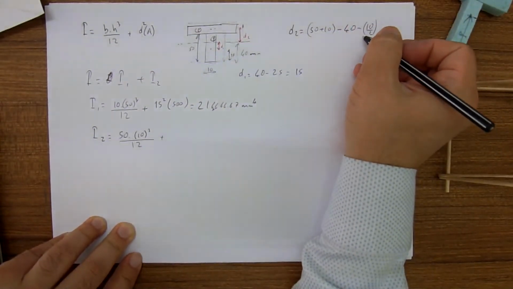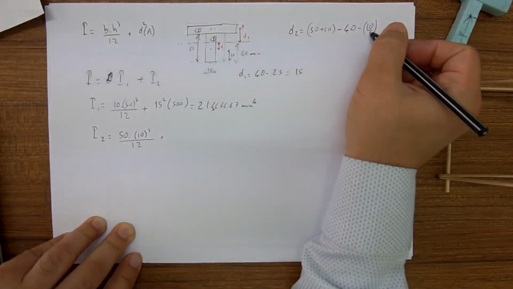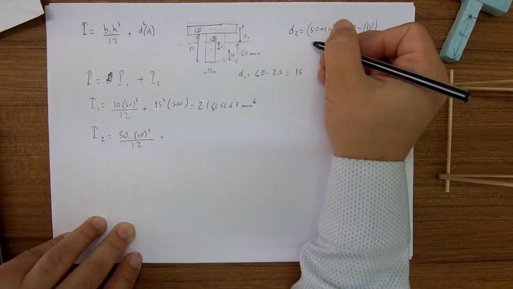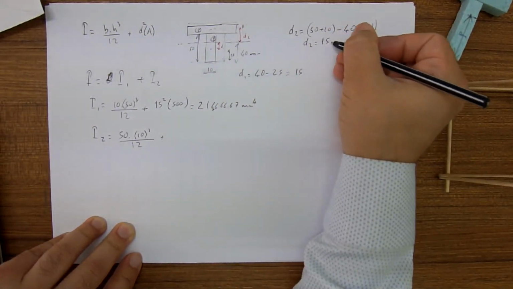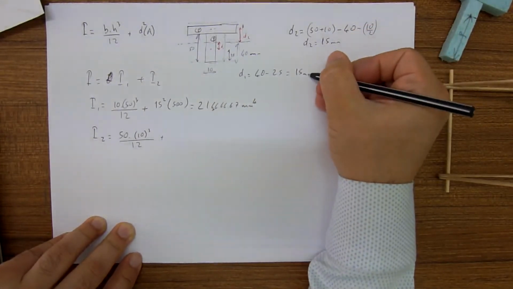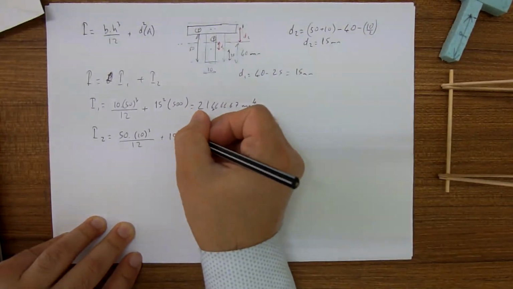From here, 60 minus 40 is 20, 20 minus 5 is 15. D2 is equal to 15 millimeters.